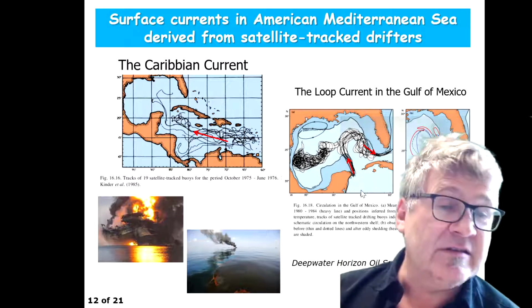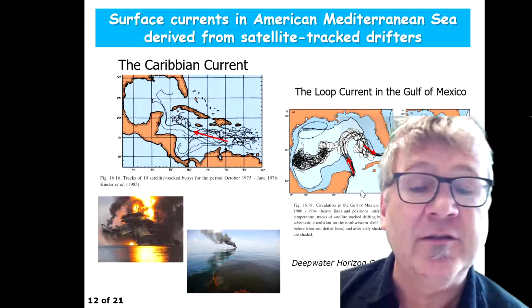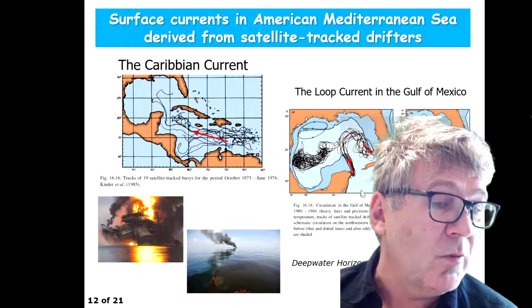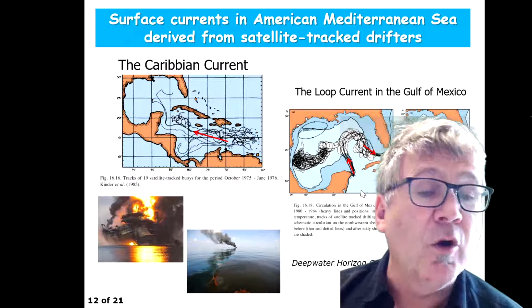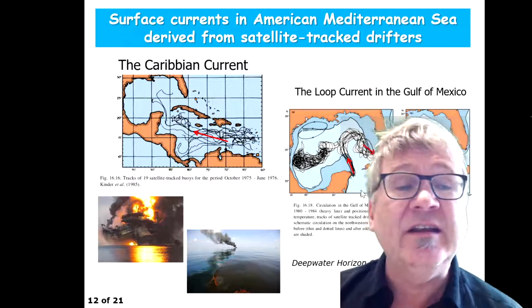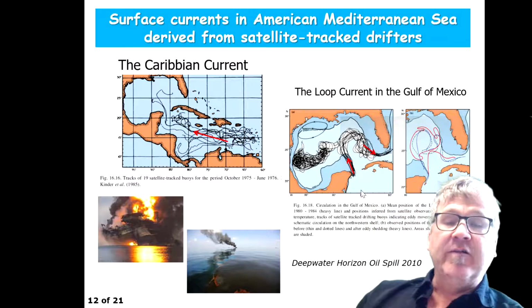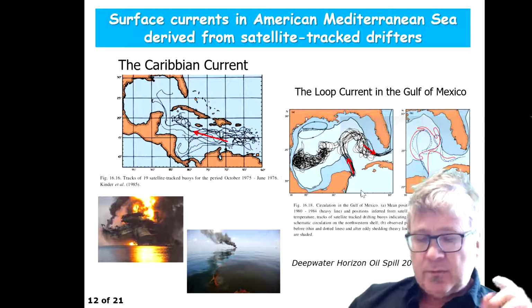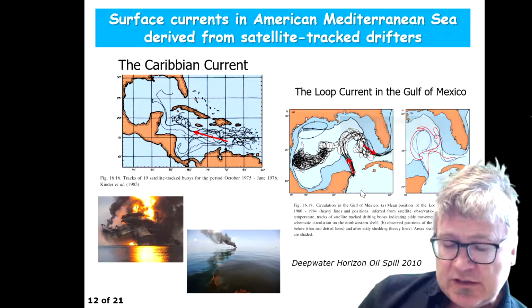Because the boundary current itself will disperse oil spills much more rapidly than the more excluded regions in the inner Gulf of Mexico. Okay, that was just a note.